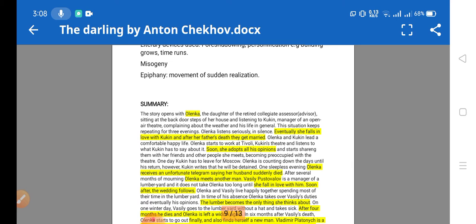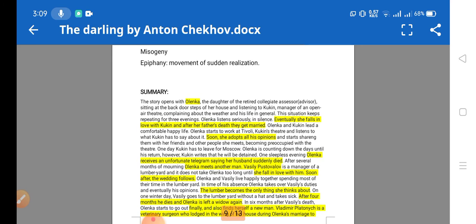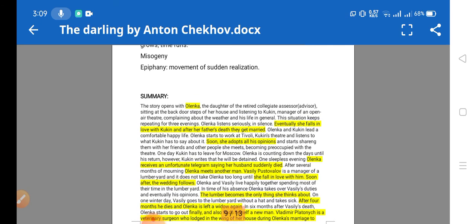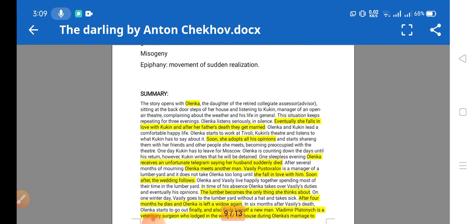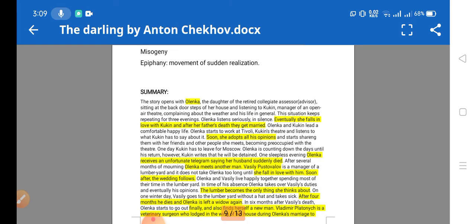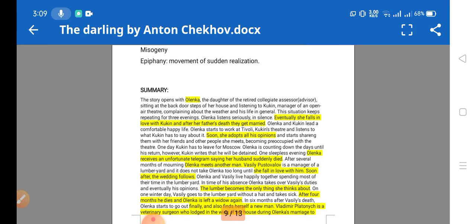And you find misogyny in his writing, especially in The Darling. Misogyny means hatred towards women, or portrayal of women as weak. We will discuss the character of Olenka, the darling, in this short story. And epiphany is also used, which is a moment of sudden realization.